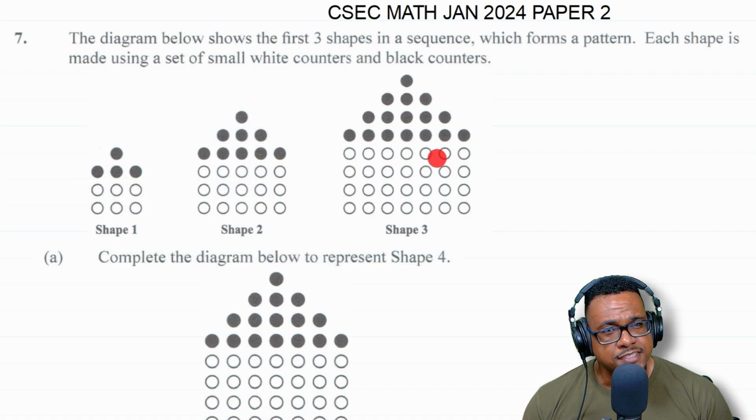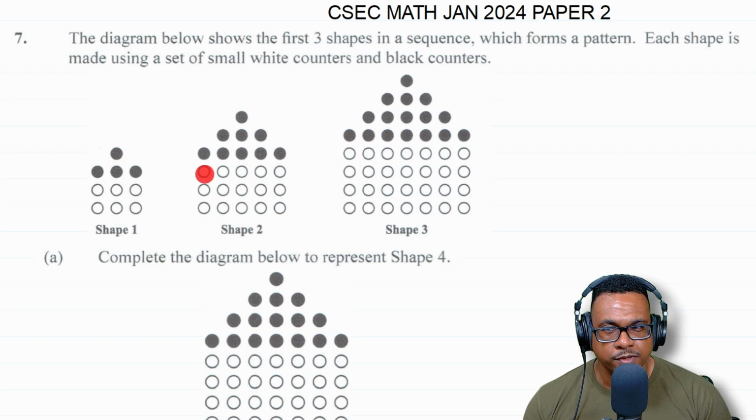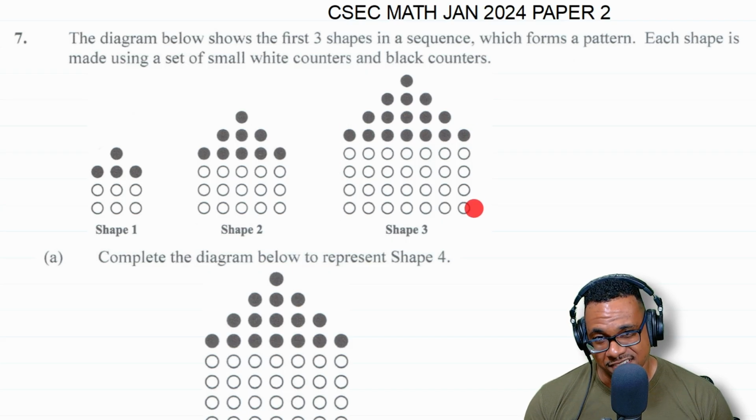So now if you look at this pattern here, we have 4 rows of black counters, and 4 rows of white counters. So the white went up from 3 rows to 4 rows, and the black counters went up from 3 rows to 4 rows. And remember also we have the added column on either side.